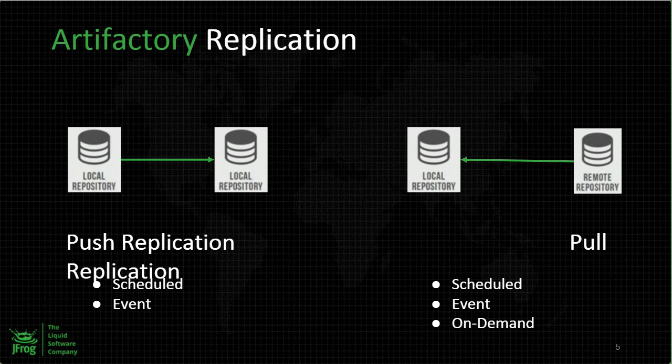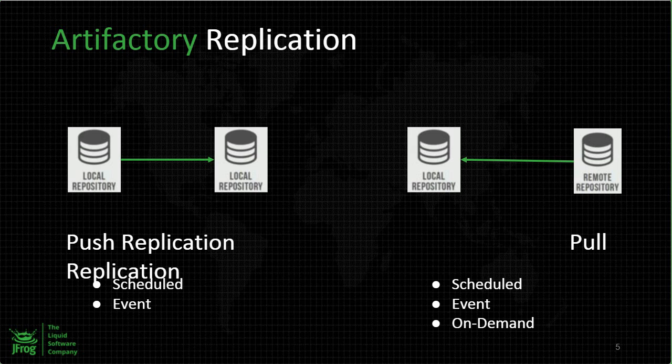So that's event-based replication. Similarly, with pull, we support 3 different types: scheduled, event, as well as on-demand. You can schedule the pull to happen at a certain point of time, or you can have the pull replication happen when a new artifact has been deployed into your source server. Then you also have a third option, which is an on-demand proxy pull.